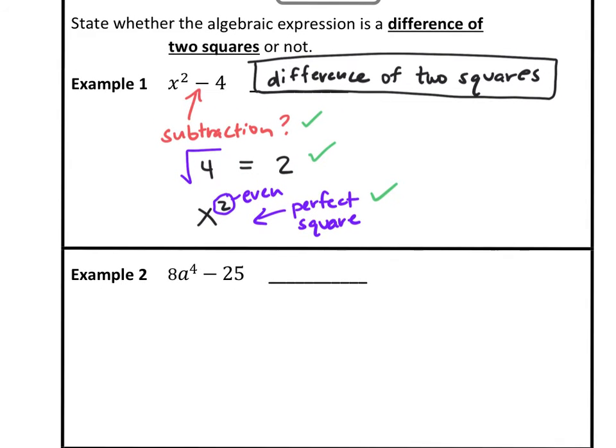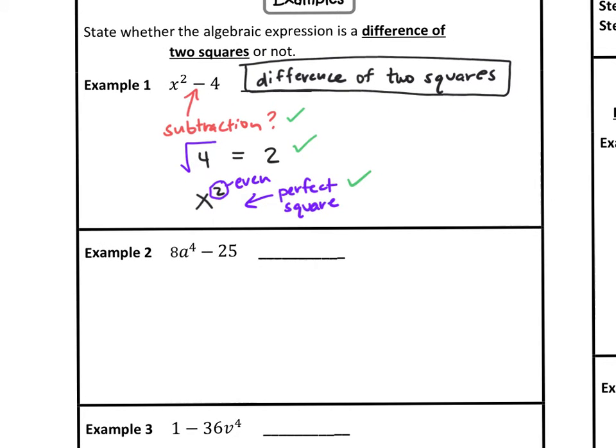All right. Let's look at the next one. And so first check, is there subtraction going on? Yes.